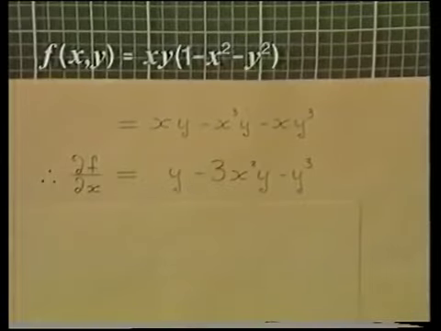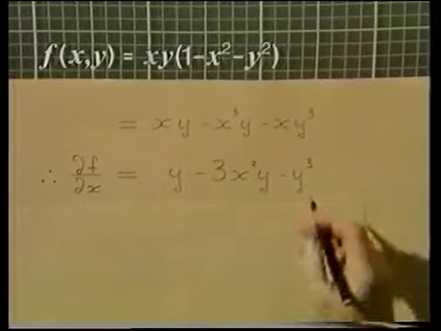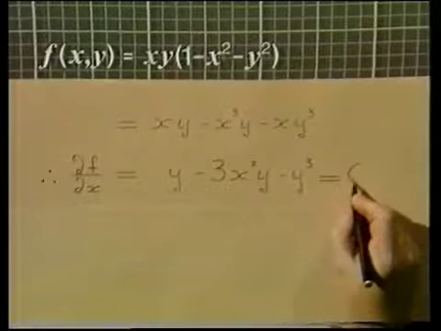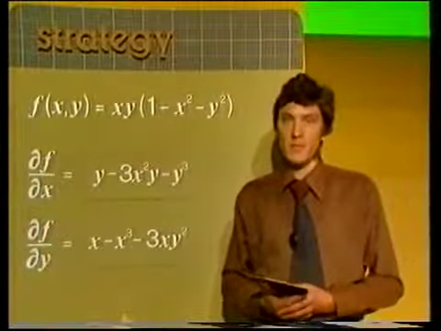Just looked at as a function of x, we have to remember that y has a fixed value, the value we're searching for. And at our maximum, our partial derivative is equal to 0. And to pin down the x value in the same way, we calculate partial df by dy and set that too equal to 0. Well, that's the way of catching our maximum.